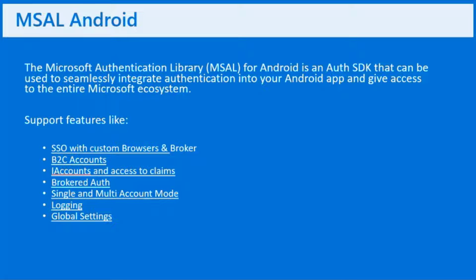You don't need to handle any token expiration or token management on your own. Some of the features supported by MSAL Android are SSO with custom browsers and brokers, Azure AD B2C accounts, brokered auth, single and multi-account mode, logging, and global settings. Today, we are going to dive deep into how SSO works with browsers and brokers using MSAL Android.